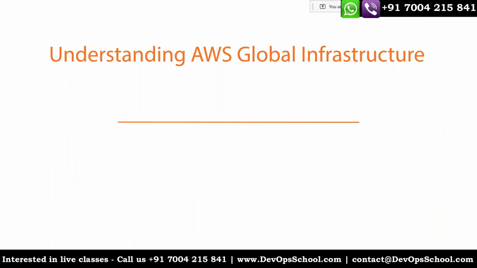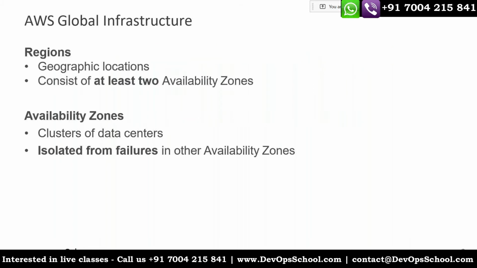Okay, so now we have to understand the global infrastructure of AWS. When you start working with AWS, primarily you need to know regions and availability zones. Now what is a region and what is an availability zone? That we need to understand. Let me ask these questions to some of you.